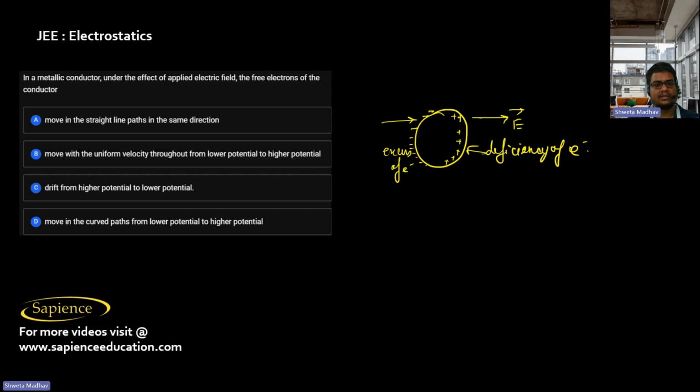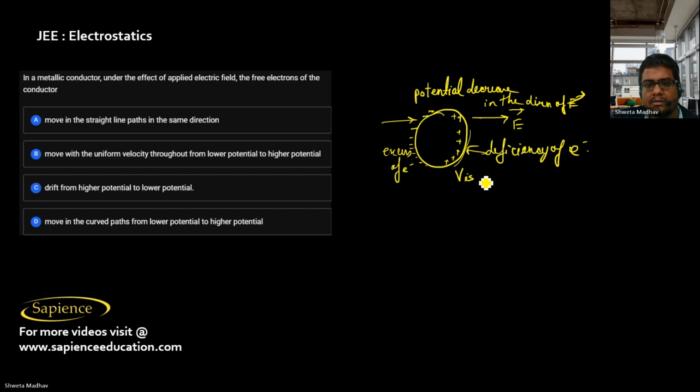So in a metallic conductor, under the effect of the electric field, the free electrons move. As you know, the potential decreases in the direction of the electric field. So on the right side the potential is lower, and on the left side the potential is higher.